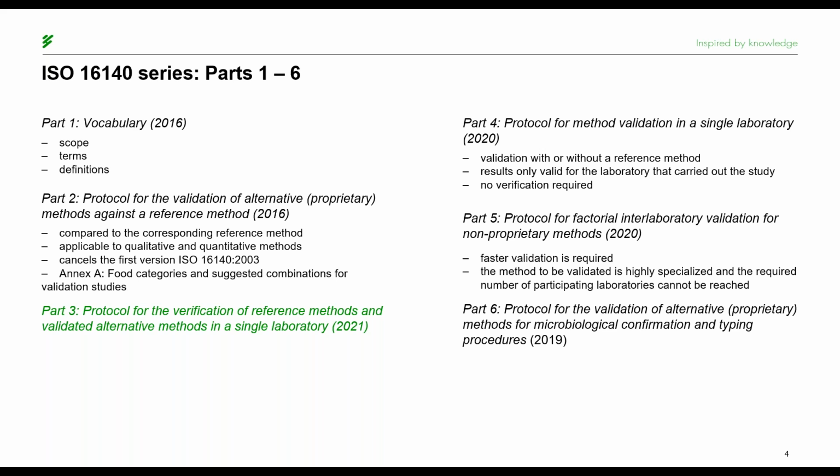We start with part 1, in which we will mainly find all the vocabulary, terms, and definitions that will help us better understand the rest of the parts of the standard. In part 2, we can find the protocol to follow to validate a proprietary alternative method that has been compared against a reference method. Both of these first 2 documents were published in 2016.